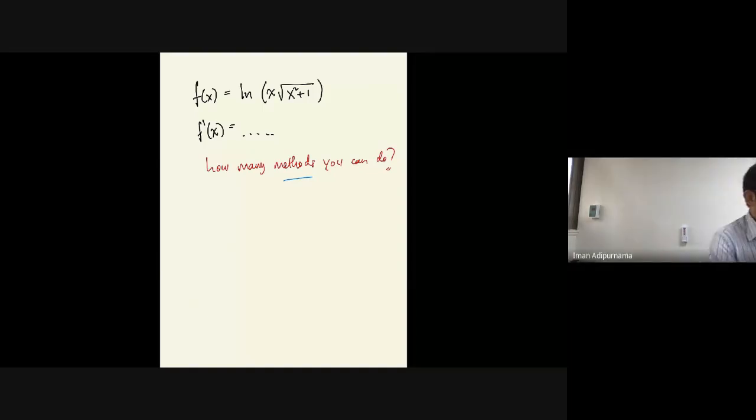Yeah, perhaps the easiest one is just using the chain rule, right? It's direct and straightforward. You get the answer directly.